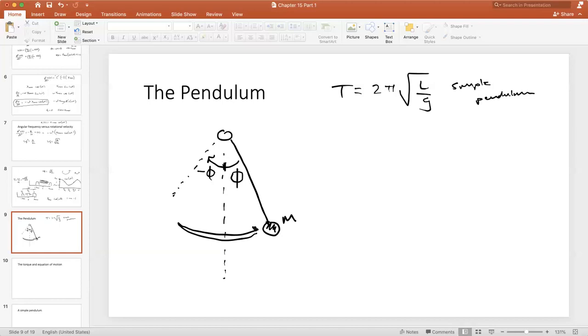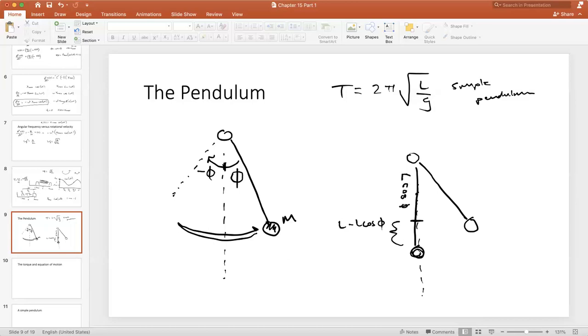We've already seen a ballistic pendulum. One thing to note is a little bit of math variables. When this thing is crossing through the center line where phi is 0, this distance here is actually L minus L cos phi, because this distance is L cos phi.